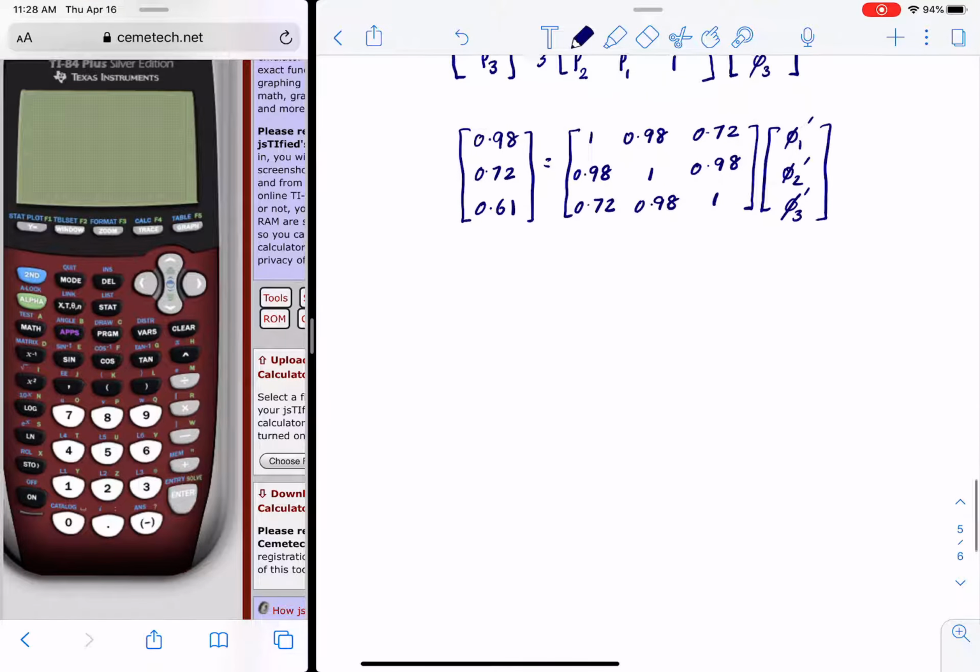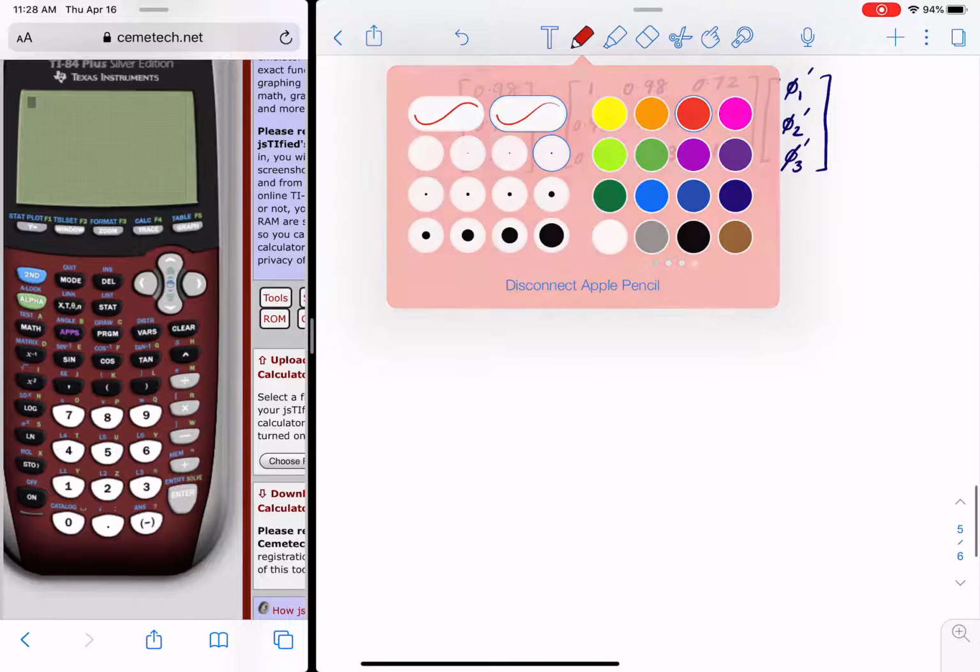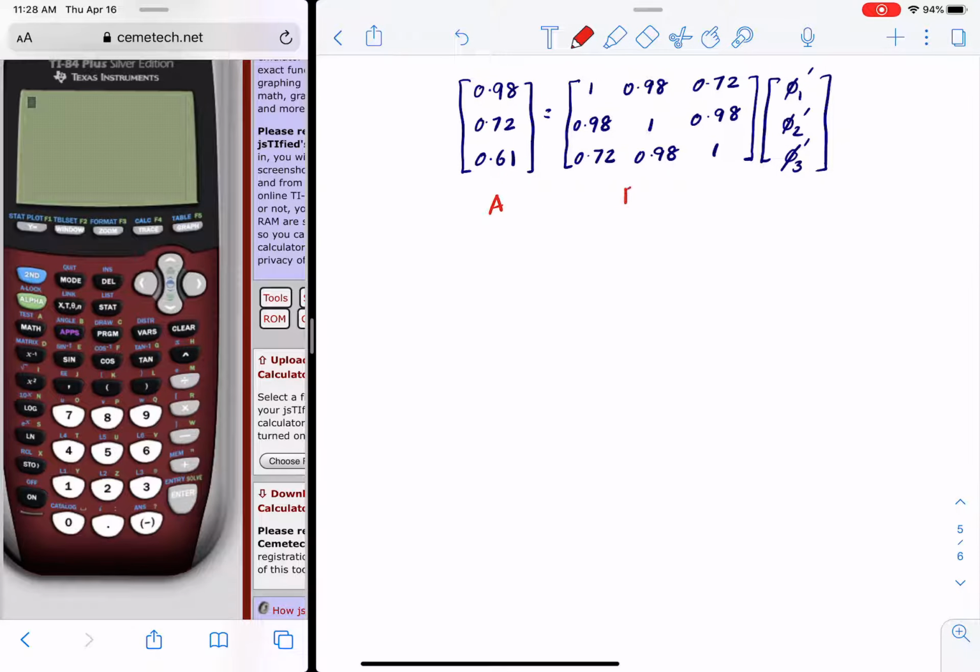So I'm going to call that A and that B, and that would be the phi vector. So the solution, or phi prime, would simply be phi 1 prime, phi 2 prime, phi 3 prime.